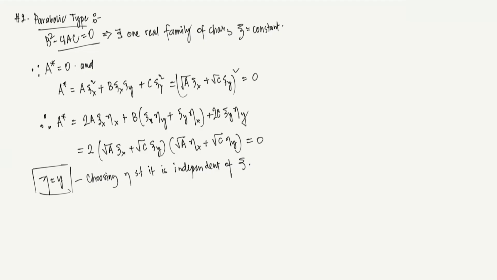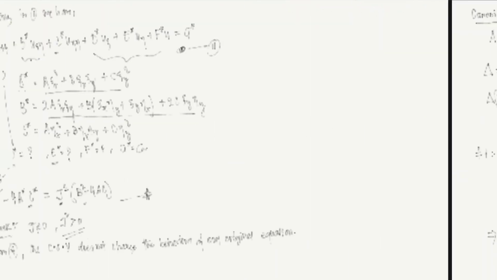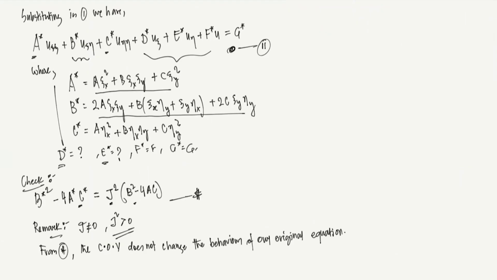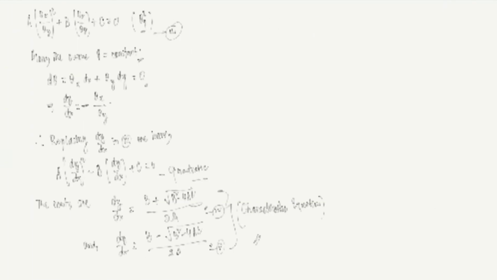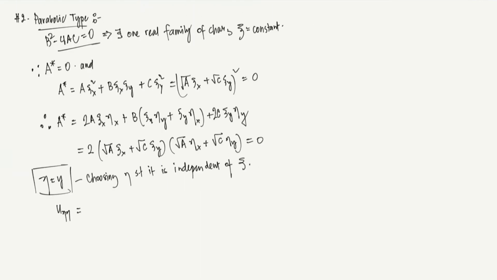Now with this, the original equation becomes... one second, I made a small mistake here. I wrote this to be a star, but this is b star. So a star is 0 and b star is also 0, right?